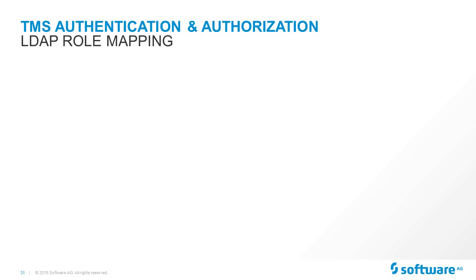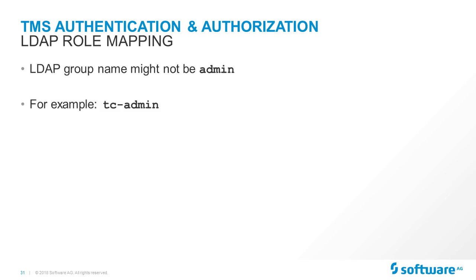There is an extra property that Terracotta DB defines over and above the standard list of properties that Software AG's LDAP integration would normally provide. And this is because the group name inside LDAP might not be admin. So for example, users might have been given, by the organization, TC admin for Terracotta admin.